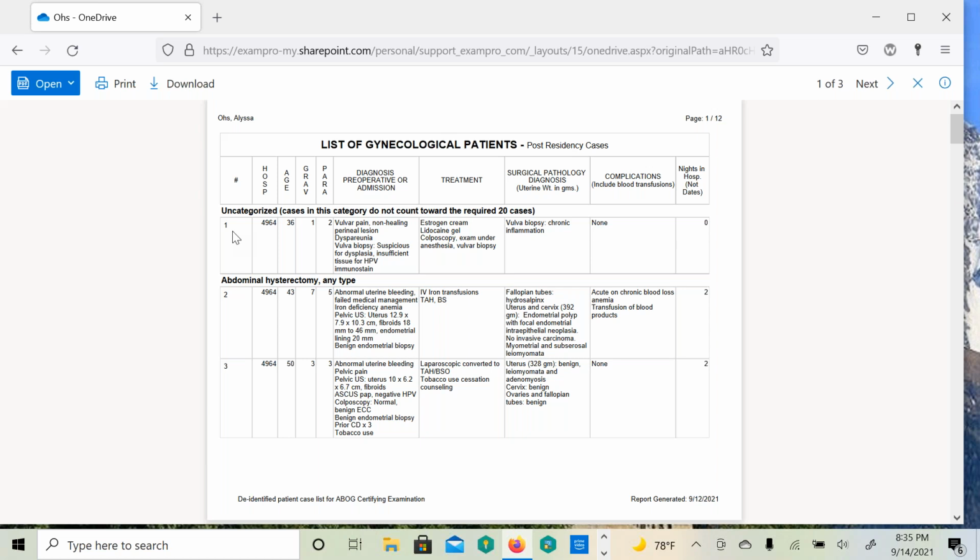Precancerous, like VIN, VAIN, vaginal dryness, a vaginitis infection, a sexually transmitted infection, which could include gonorrhea, chlamydia, HSV.